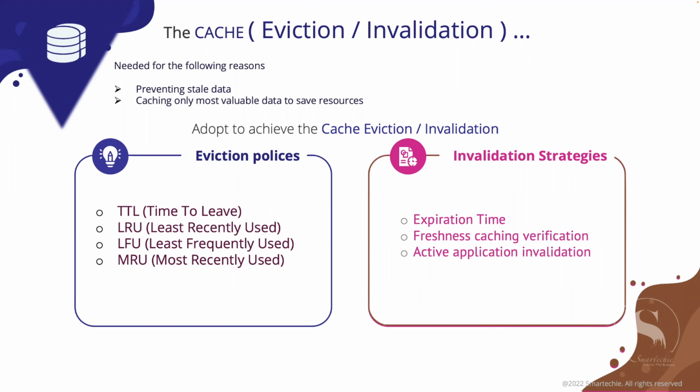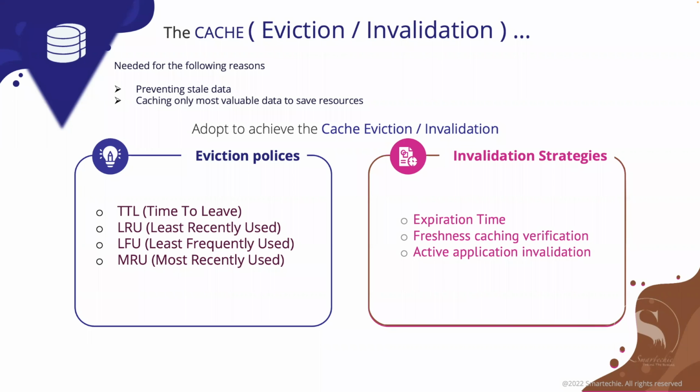After this time, the data should be removed from the cache, resulting in a cache miss on a subsequent request, correct? The other one is freshness verification, where the application executes a lightweight check to determine if the data is still valid every time the data is retrieved, correct?